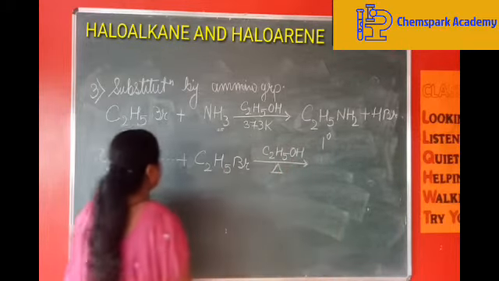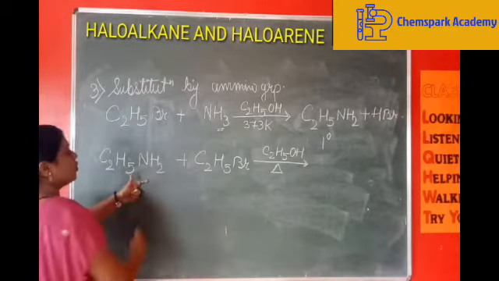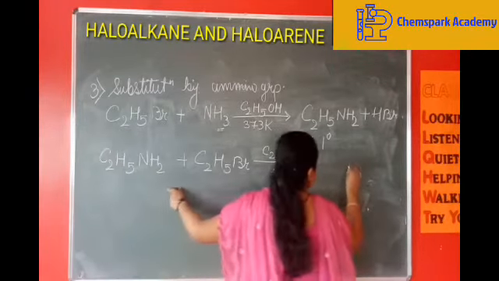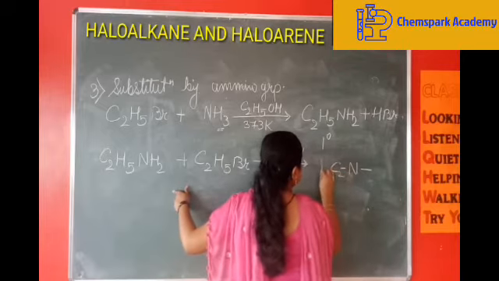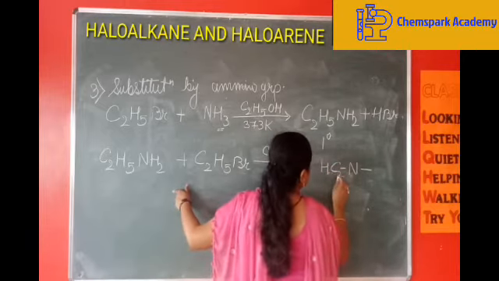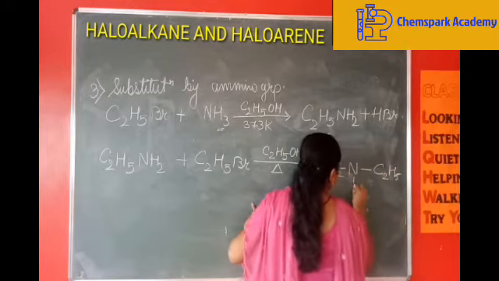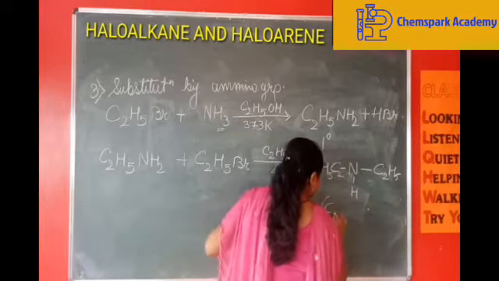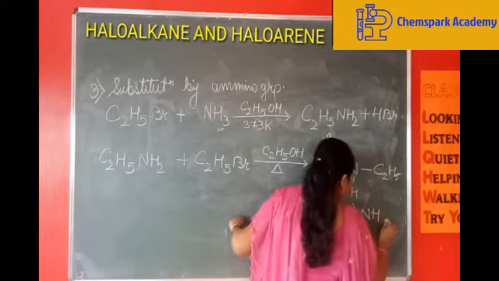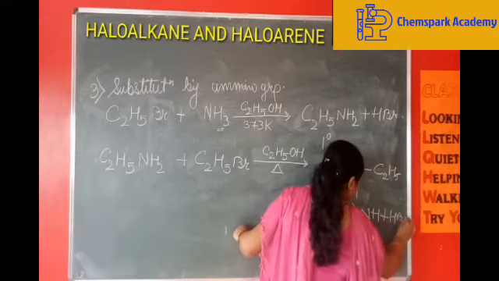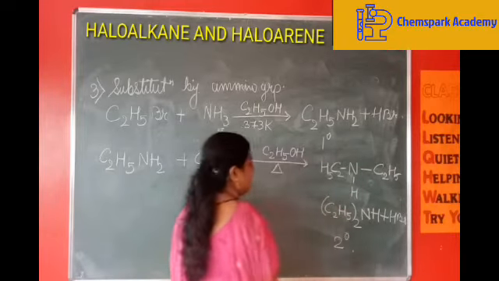We again heat it and again the same thing will happen. This group will get attached, so now we will have (C2H5)2NH plus HBr. This is the secondary amine.